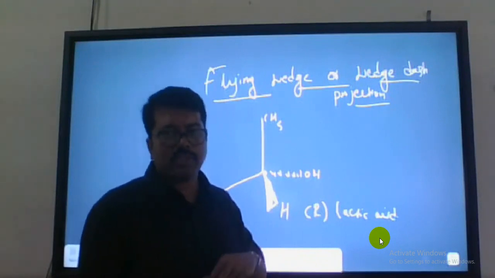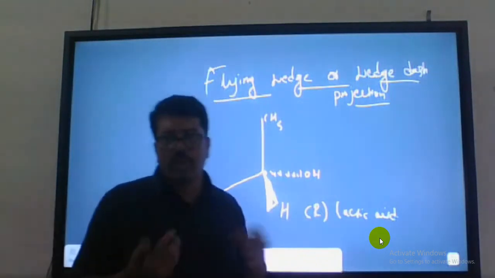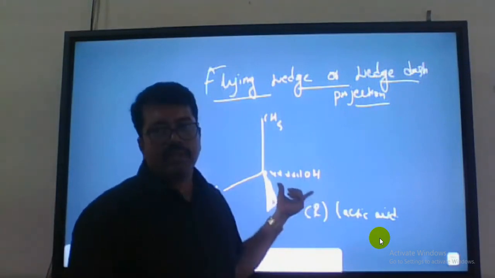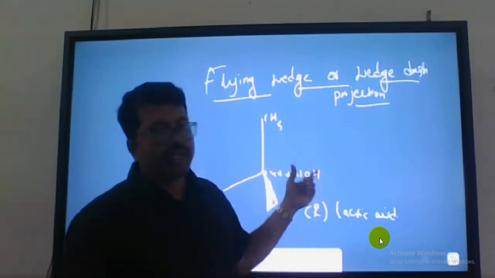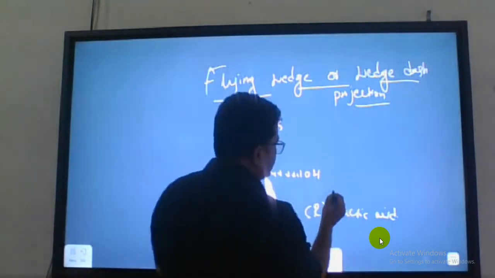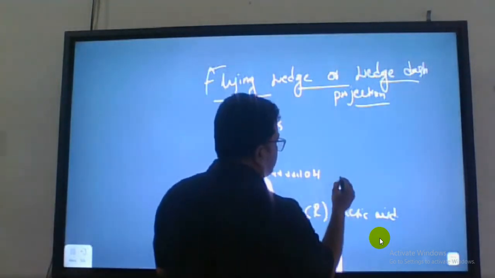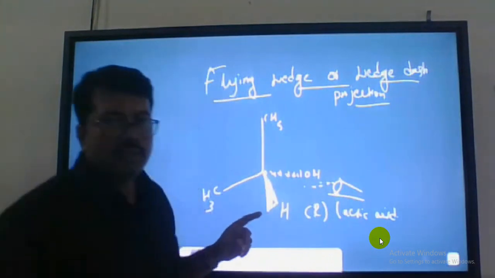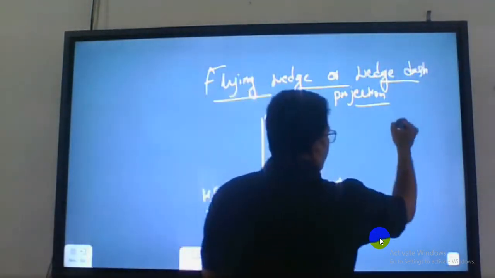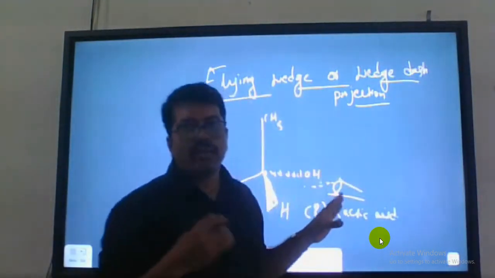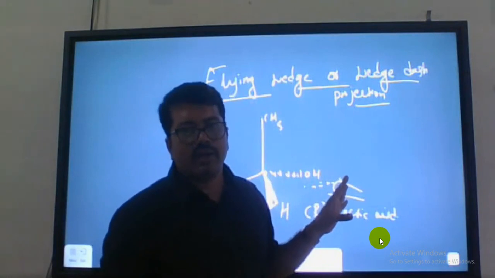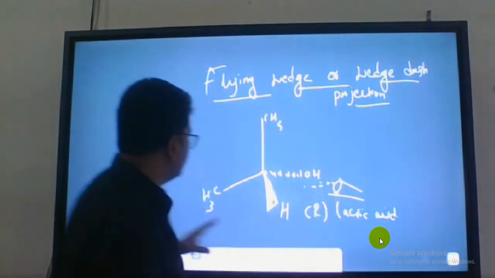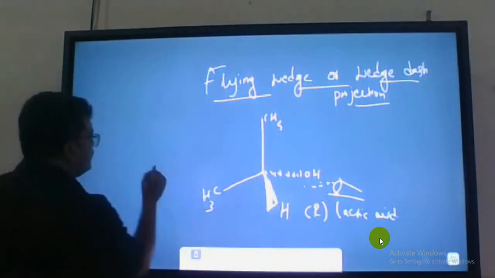In a Fischer projection, there is a horizontal and a vertical line, and where the horizontal and vertical lines cross represents the central carbon.